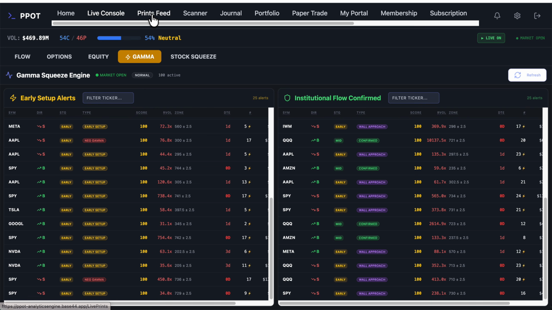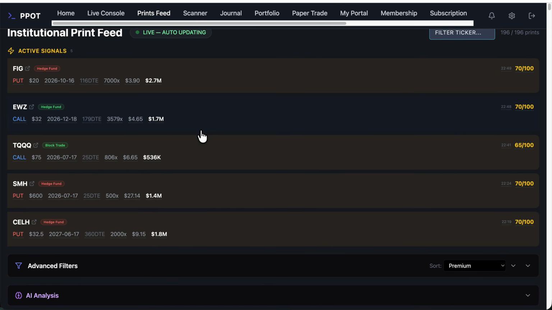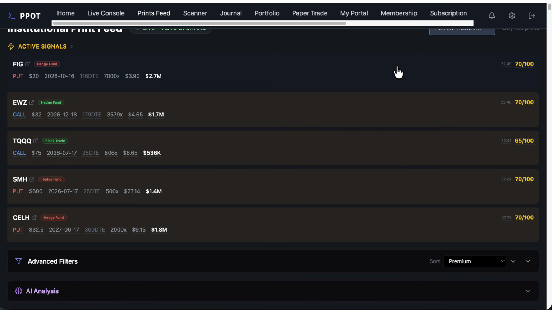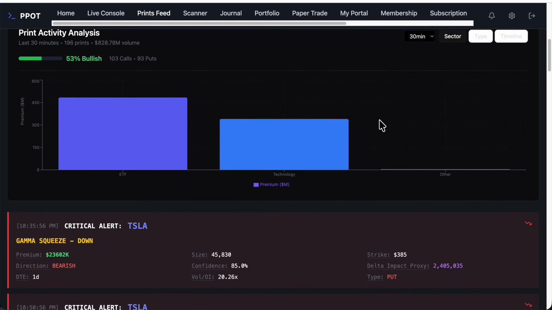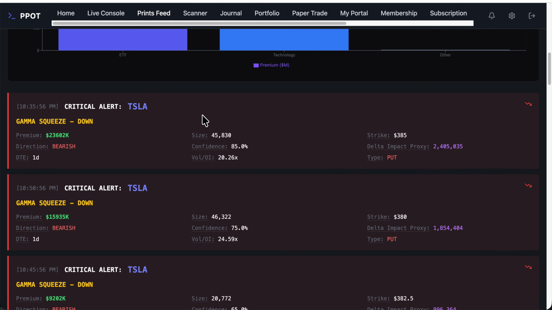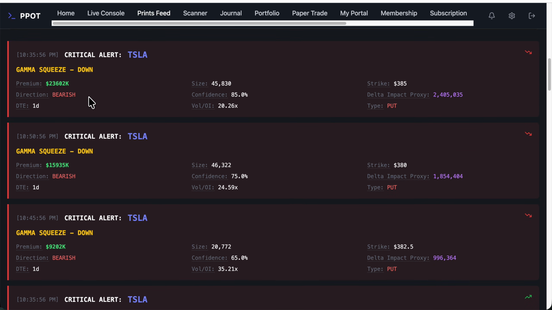All right, so let's come over here to the Prince feed because this is exactly why I don't have to search for trades anymore. I don't have to look for trades. I don't have to fret and wonder and worry and try to figure out what I want to trade. The engine tells me exactly what to do, right? So these are all trades on Tesla, and it literally tells you exactly what you need to know.